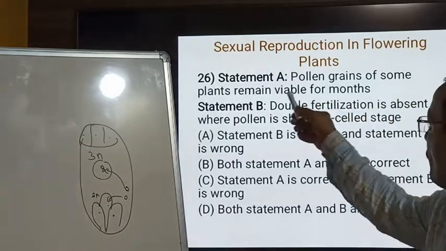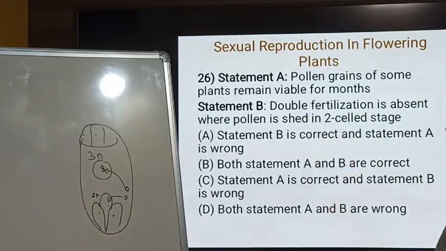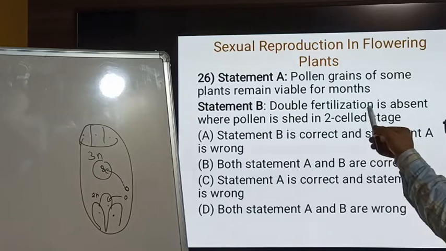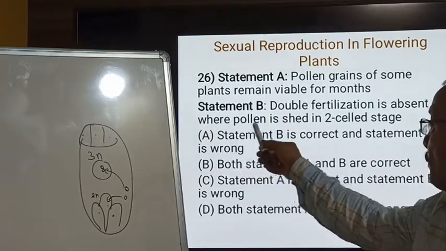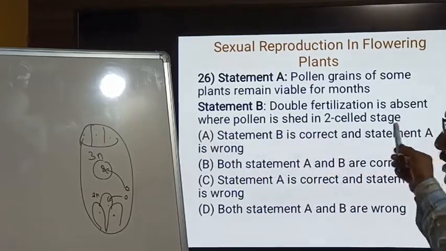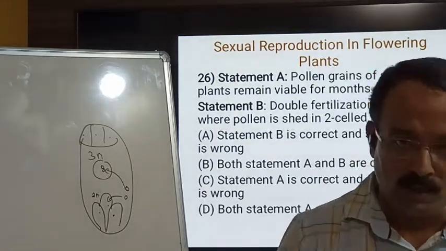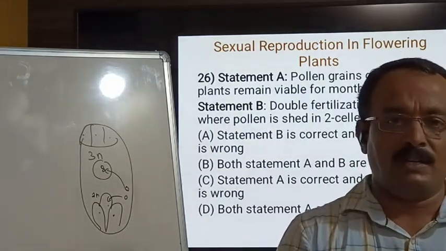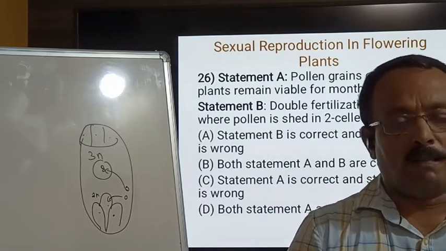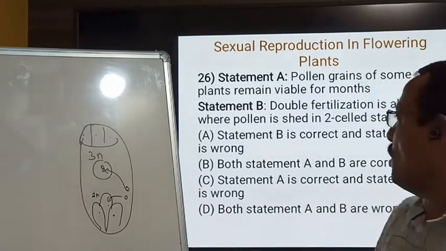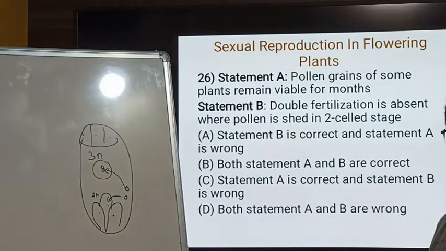Pollen grains in some plants remain viable for months. Yes, it's true. Double fertilization is absent where pollen grain is shed at two cell stage. So whether the pollen grain gets shed at two cell stage or three cell stage, double fertilization occurs.